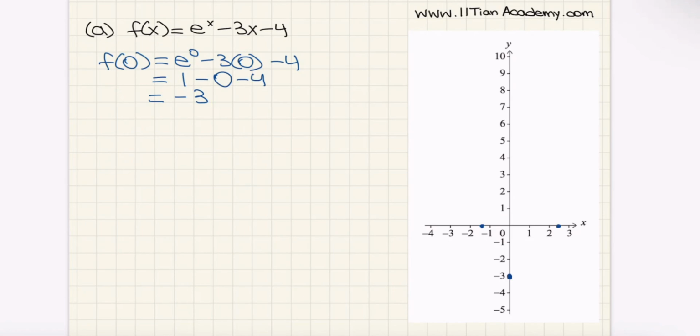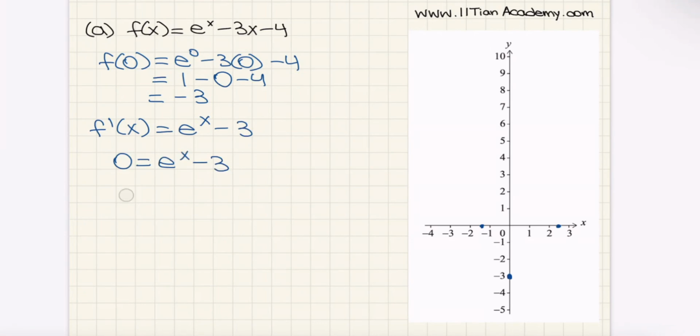Then we need to figure out the turning point. So to figure out the turning point and where that would be, we need to take the first derivative and set it to 0 to find out if there's any local mins or maxes in this area. So if we take the derivative, we end up with e to the power x minus 3. Then we're going to set the derivative to 0 to find the turning points.